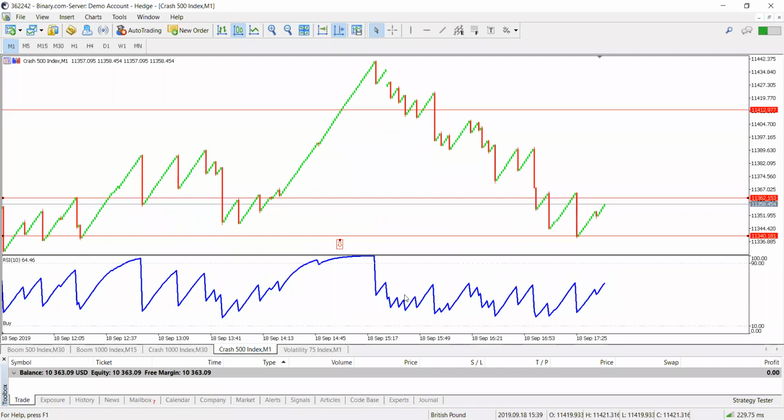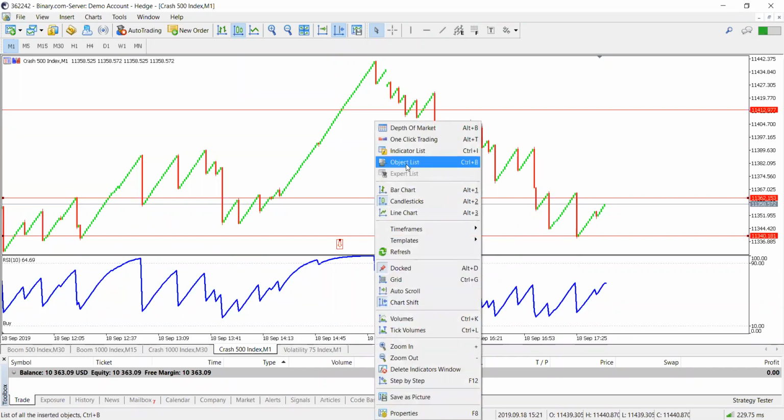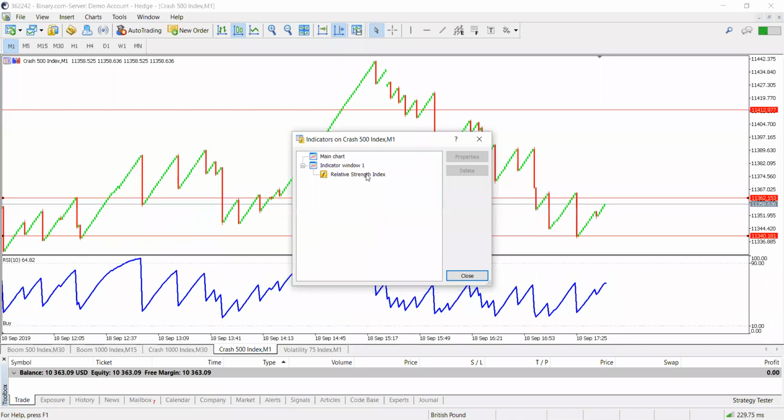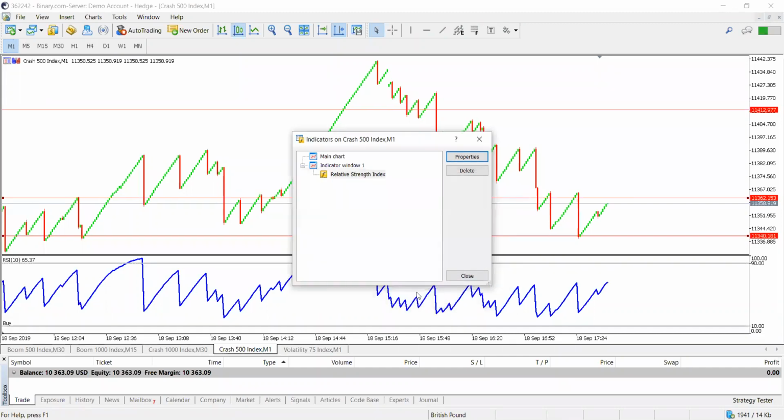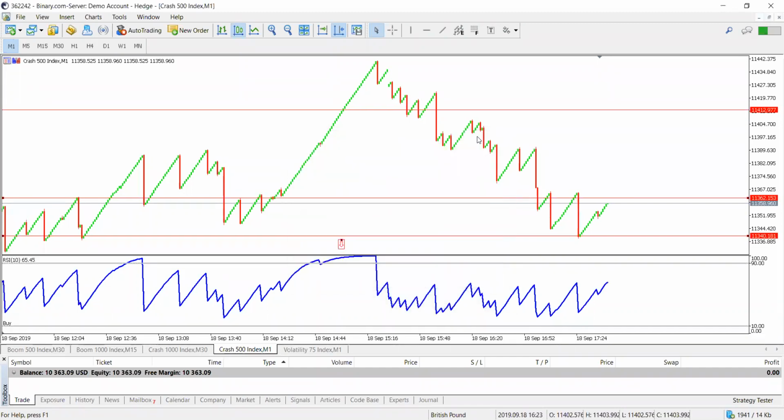Right. Oh, my levels, my lines are not clear. Let me sort that out. Indicator list, RSI, properties. I want to change this line, make it solid, and a bit. Okay, better. So that now when price crosses here, okay, still, this is 1 minute.